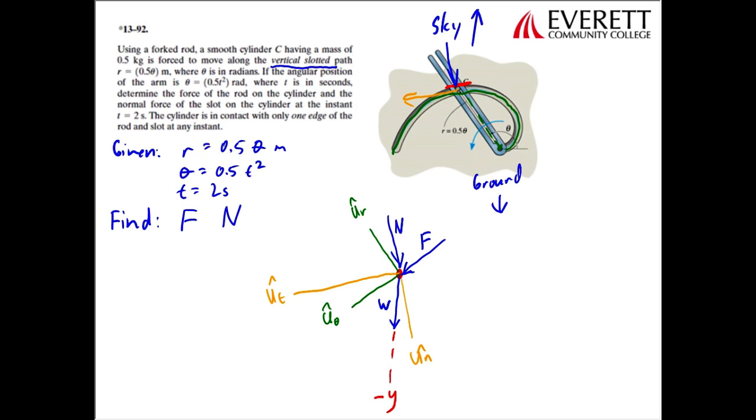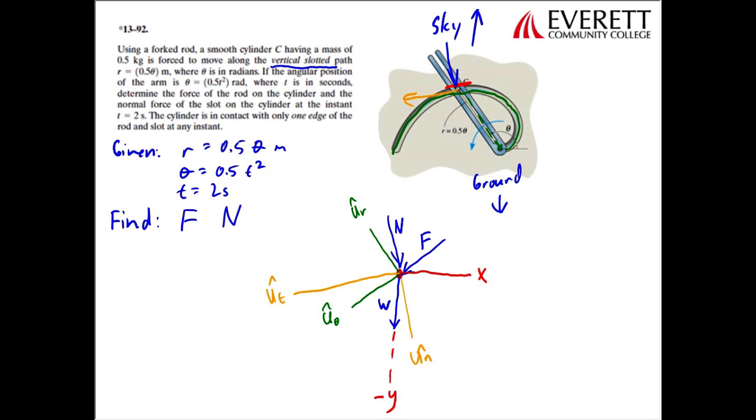So that's our negative y-axis, and that's the way that our weight would be pushing. And then we know that our horizontal component is going to be the x. Looks something like that. So now we have all three sets of coordinates.